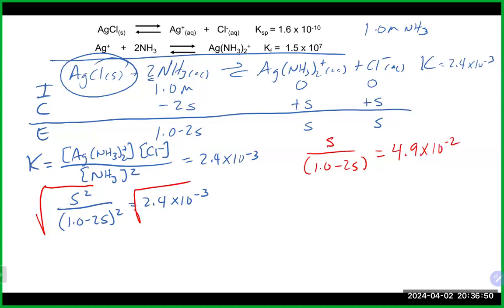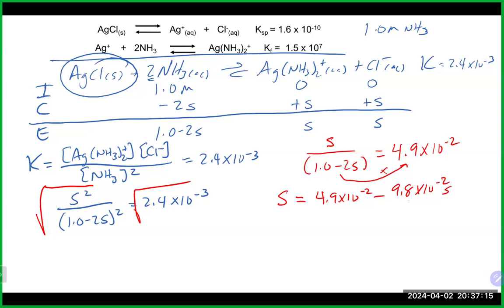So in this case, we want to solve for s. We're going to take what's on the bottom here and multiply it to the other side. That's going to give us s is equal to 4.9 times 10 to the minus 2 minus 2 times 4.9 times 10 to the minus 2, which gives us 9.8 times 10 to the minus 2 s.